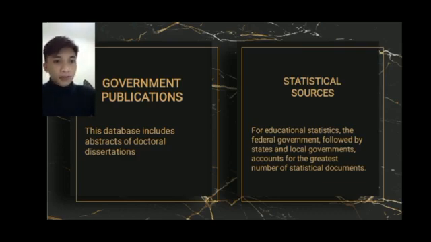Government publications. The federal government, a major source of education information, sponsors more research, conducts more surveys, and collects more statistics of all kinds than any other organization in the United States. The U.S. Department of Education disseminates a vast number of publications, including research reports, surveys, administrative actions, and program descriptions.